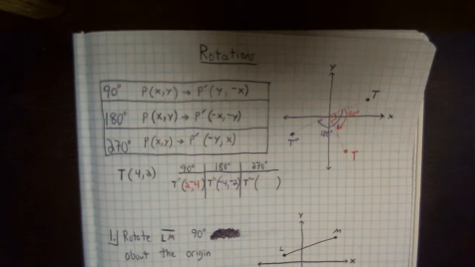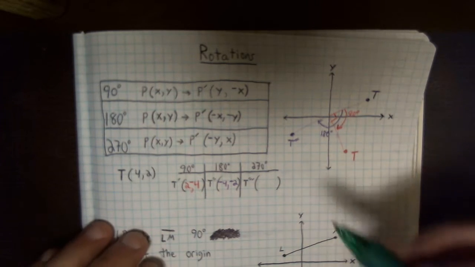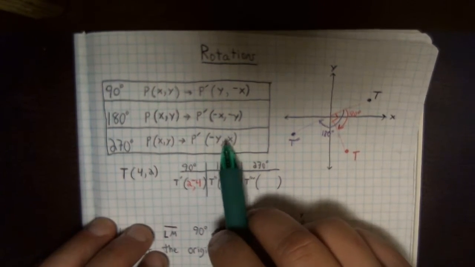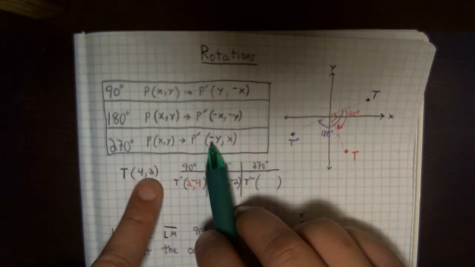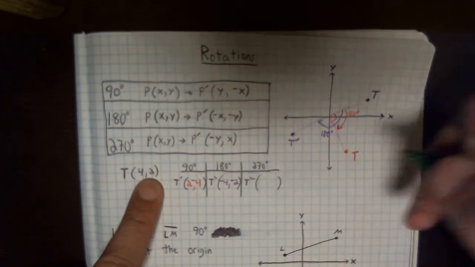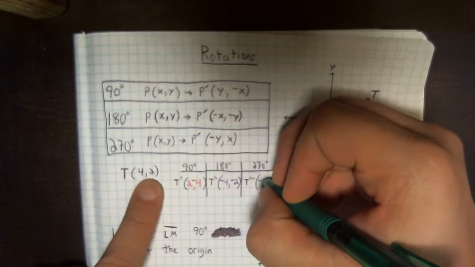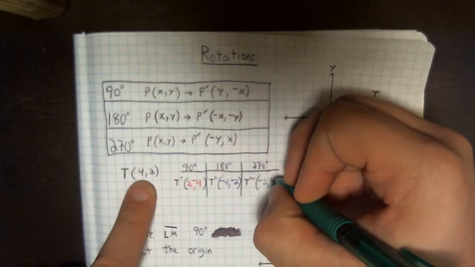And last is the 270-degree rotation. Again, they tell us, let's switch y and x. So I know 2 is going to be first, but we want to make sure that we have the opposite sign. So I want to have negative 2 and positive 4.